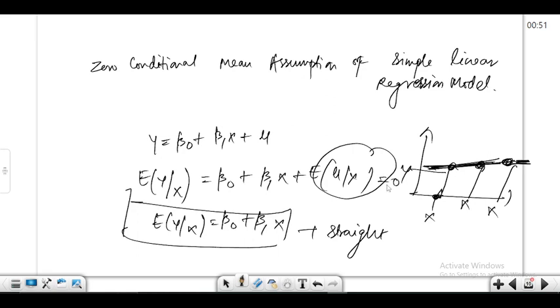So this was the issue with the model that we have tried to sort with the help of an assumption, and the result that we get is in front of you. We get a simple straight line output with the help of that assumption.